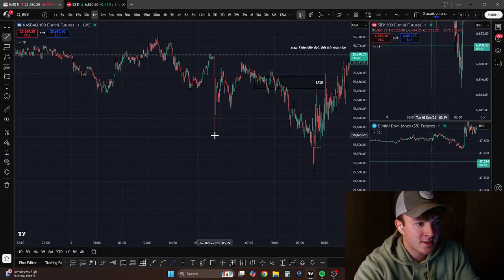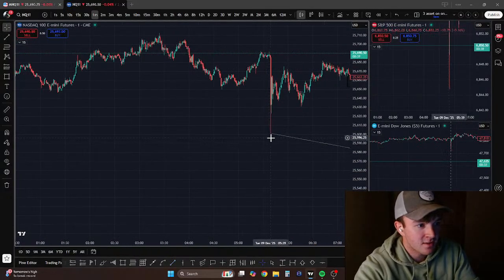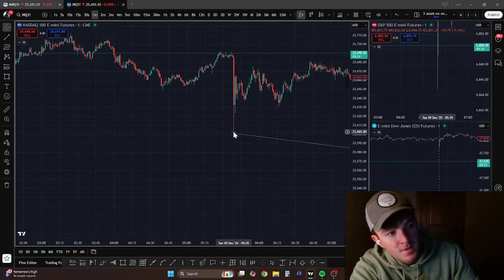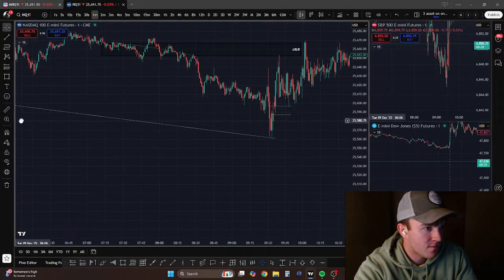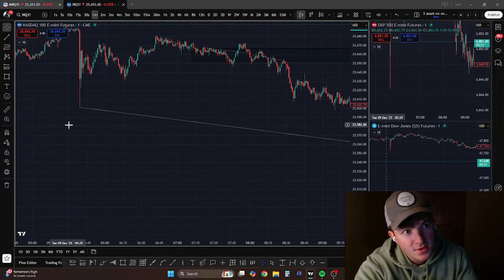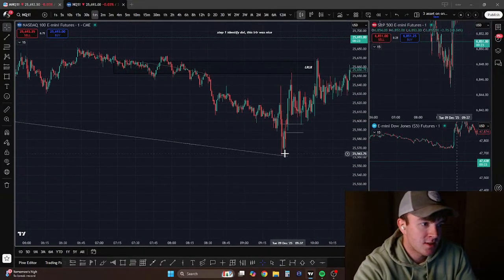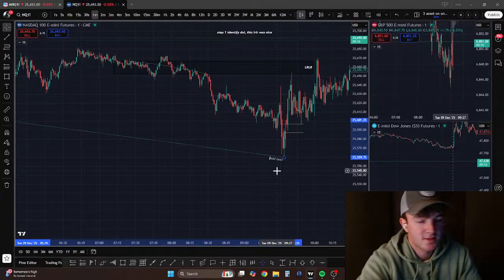Not only is it just S&T, it's S&T with what looks like a data low or something. Was this the data wick? What the heck happened at 539? Either way, it's clearly looking like a data wick. So one thing I've noticed about data wicks is the S&Ts with them are super nice.